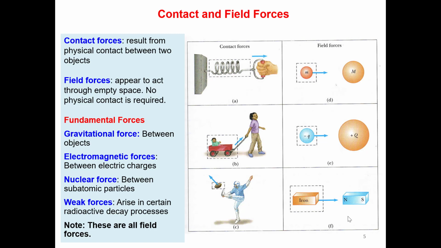Examples of contact forces are pull, push, and kick. Field forces act through empty space, and no physical contact is required. Examples of field forces are the gravitational force, electromagnetic force, nuclear force, and weak force.